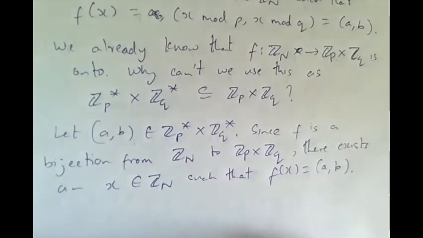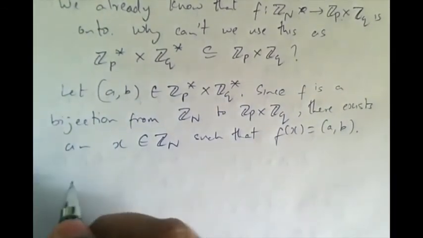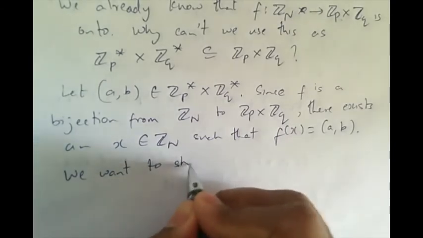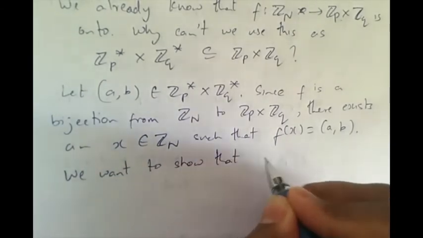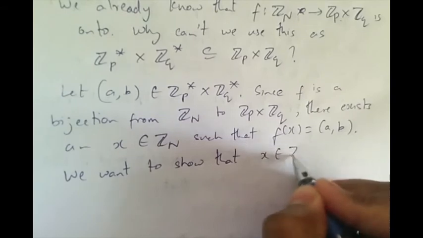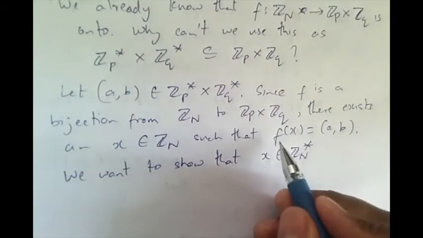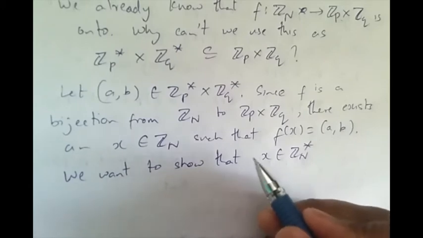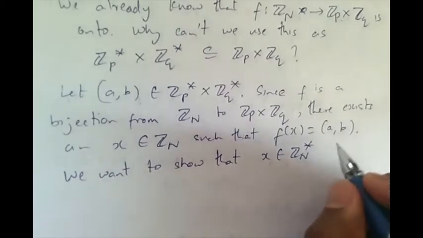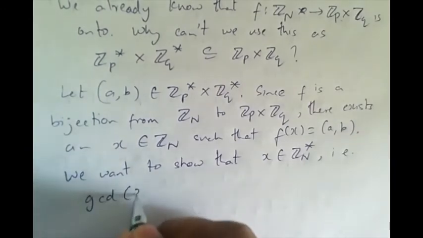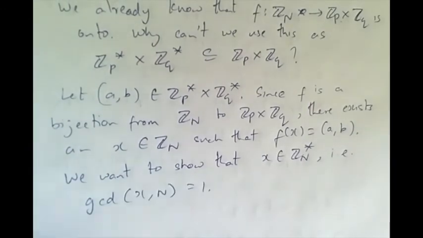But what we want to now show is that x belongs to Zn star. So that x which we got as a pre-image of f on AB, that actually belongs to Zn star. That is, we want to show that the GCD of x and n is 1.